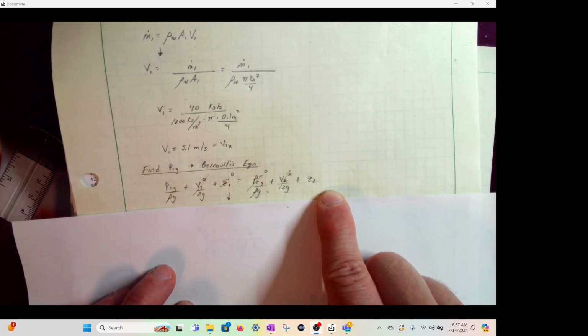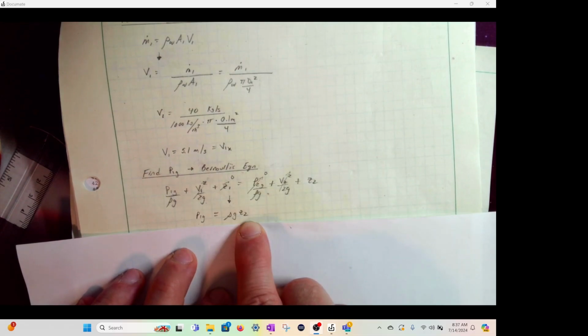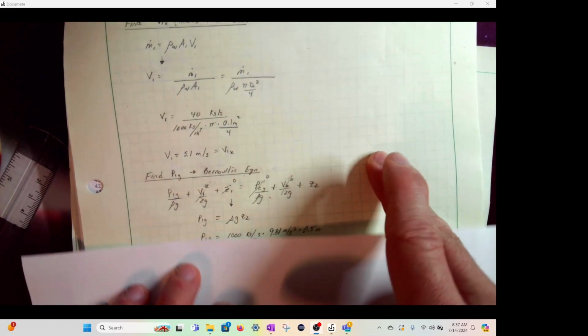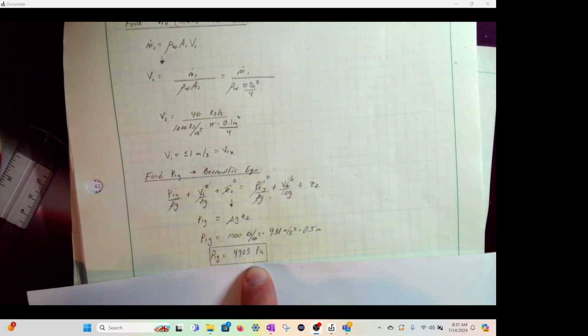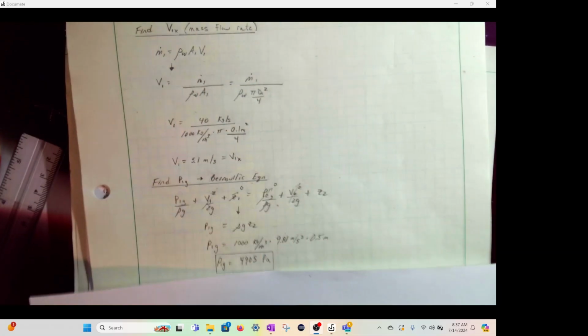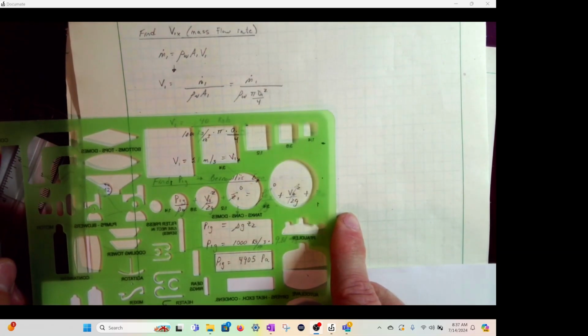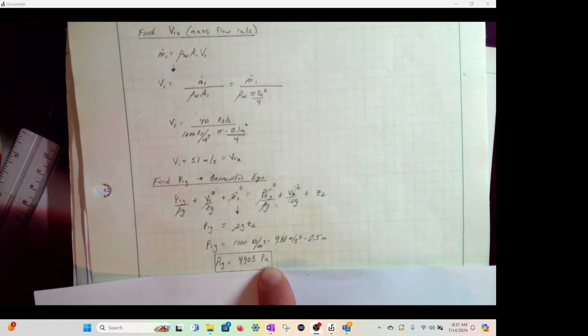You have to. I rearranged and solved for P1 gauge, which is rho g z2. Then I plugged in my numbers with units, and I boxed my answer with, I believe, my stencil, nice and neat, like that. Okay. I boxed this one and not these up here because that's what we're looking for. That was in the find.